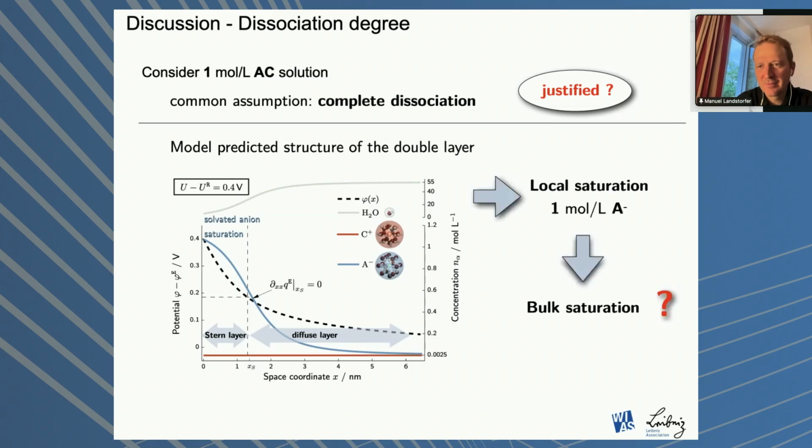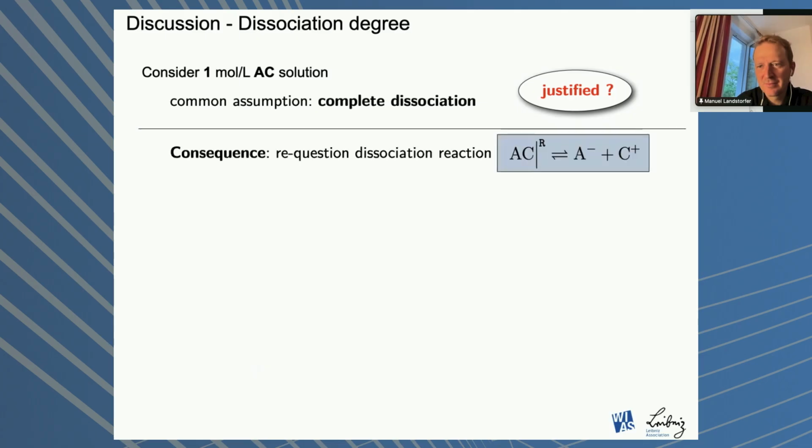So the local saturation is 1 mole. And if you have local saturation here, then you can also imagine that you would have bulk saturation at about 0.5 molar of bare salt you put in, because then 0.5 mole AC gives you in total 1 mole of charged species. And if every ion agglomerates an amount kappa of solvent molecules, then you will find that not enough solvent molecules are left over in the end. Thus you have to re-question whether complete dissociation is always possible.